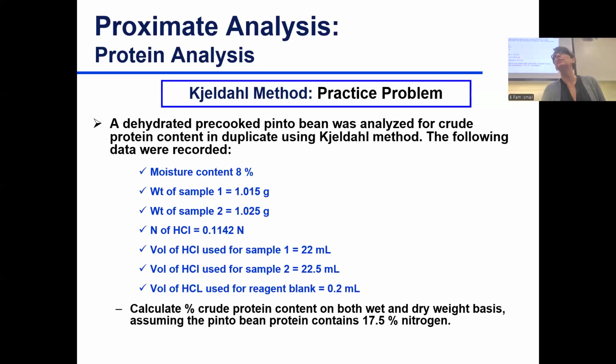So the answer is on dry basis. Now you have the moisture content is 8% of a pre-dried sample that did before drying. So how would you calculate moisture on a protein on wet basis? You have a dried sample and the original moisture content is 8. How would you convert dry to wet?